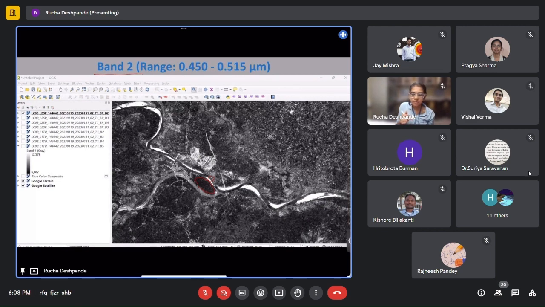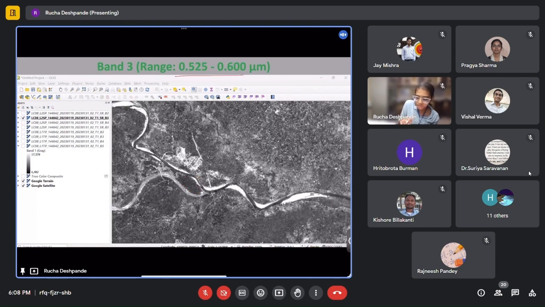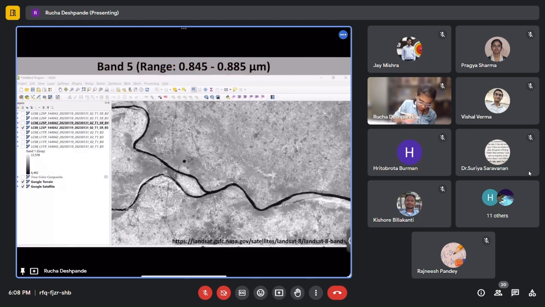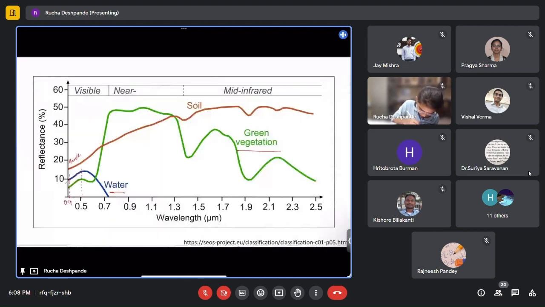Now if we look at band 3, the range of band 3 is 0.525 to 0.6, so 0.6 should be here. This is the green band.